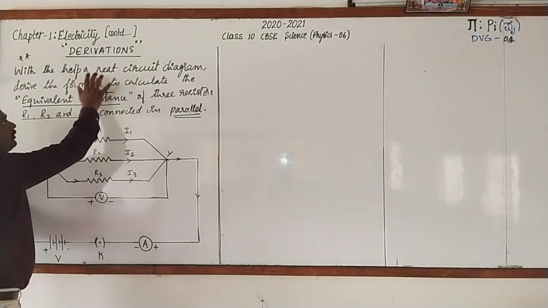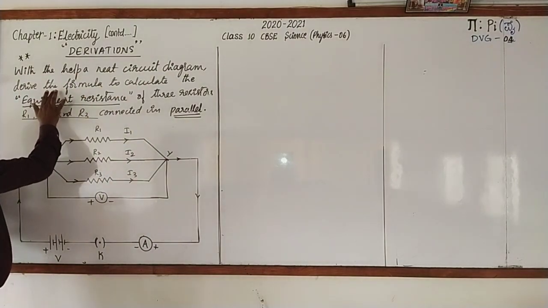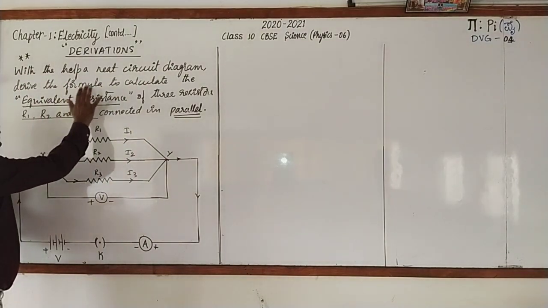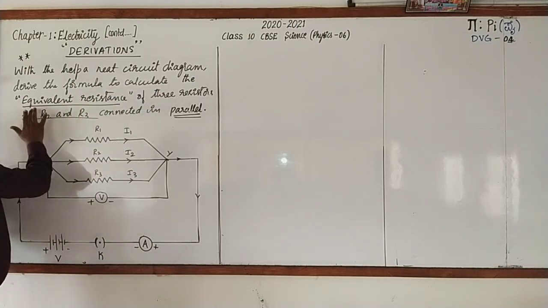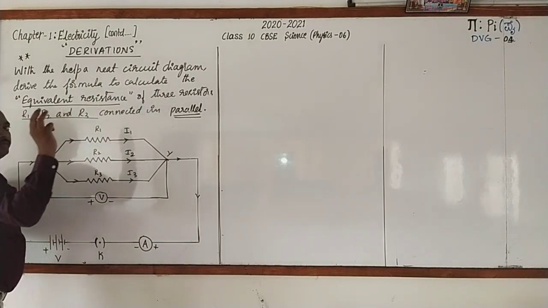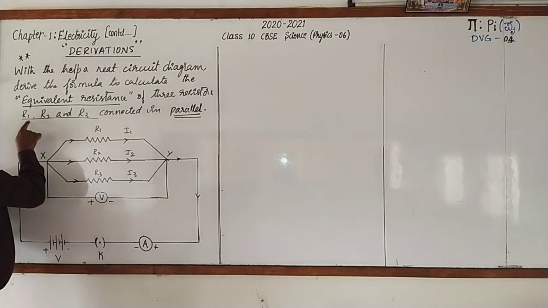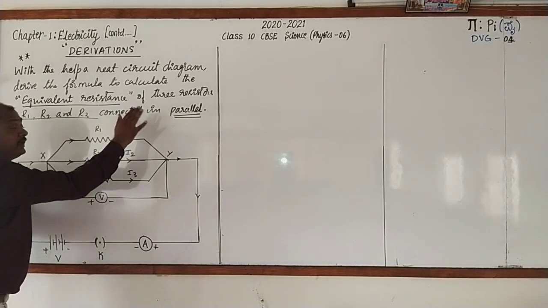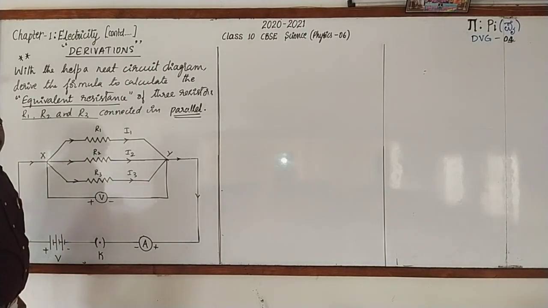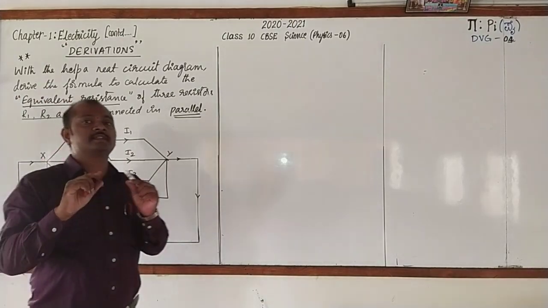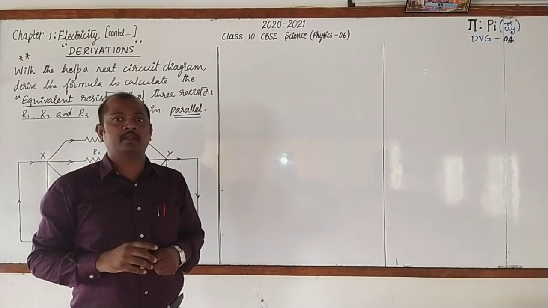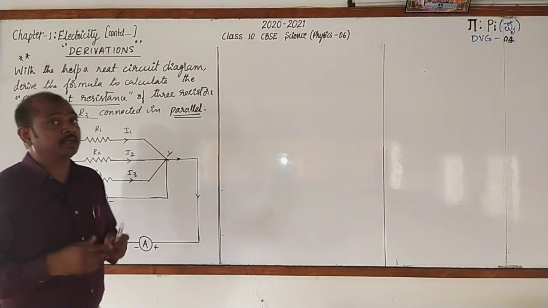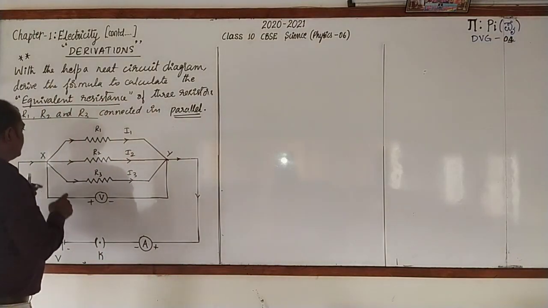With the help of a neat circuit diagram, derive the formula to calculate the equivalent resistance of 3 resistors R1, R2 and R3 connected in parallel. We know that the resistors are said to be connected in parallel if they are connected between 2 same points. Observe it.